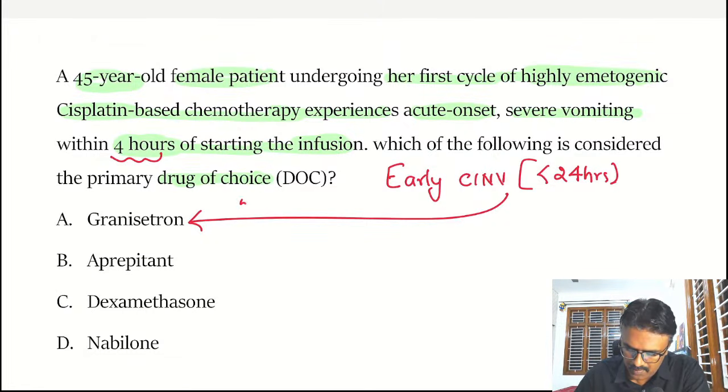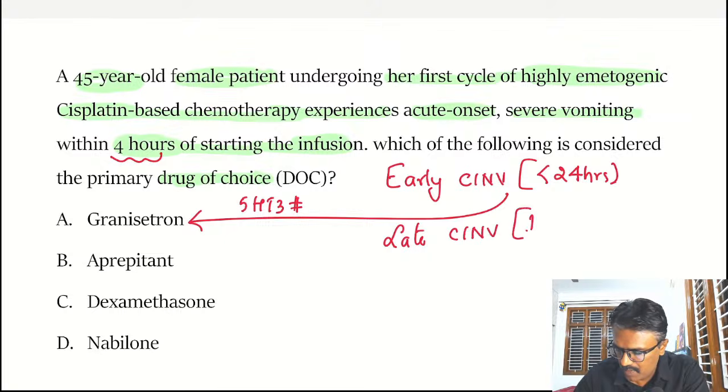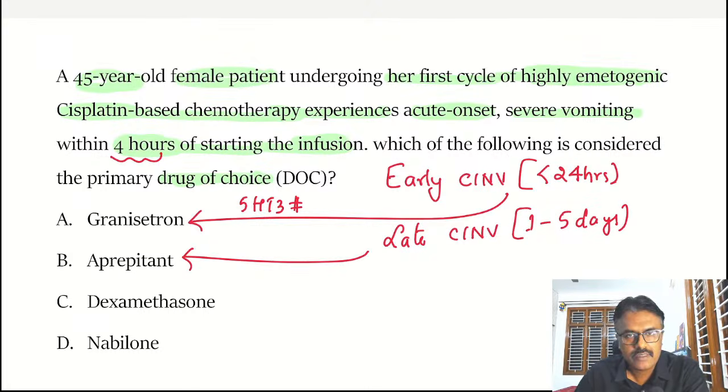Setrons are 5-HT3 antagonists. There is one more problem called late CINV, which occurs between 1 to 5 days of starting chemotherapy. For that, the best drugs are pitants, aprepitant, netupitant, rolapitant, whatever.